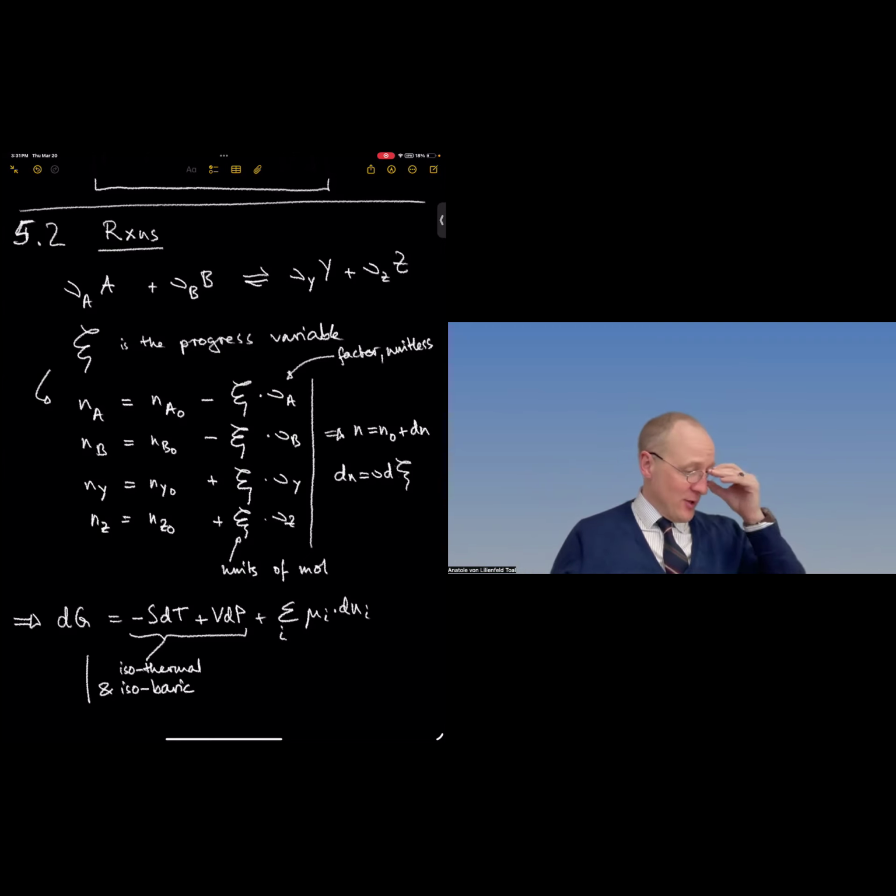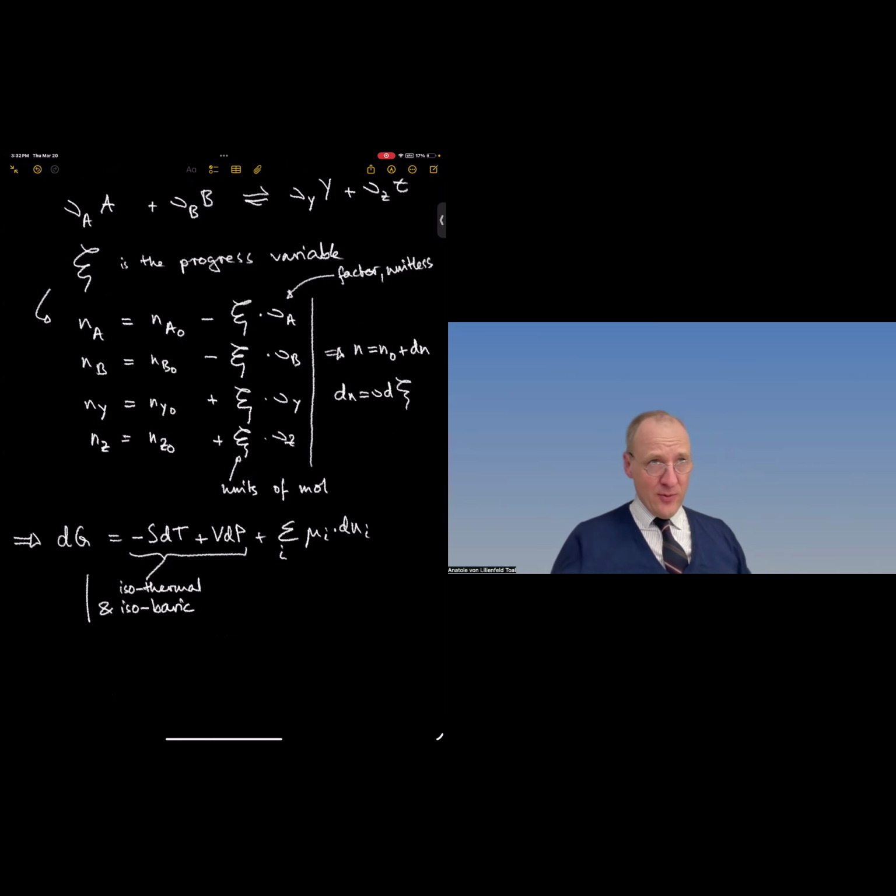If by contrast you need to fix your volume, you need to invest in a bomb calorimeter. I don't know if you've ever seen such devices. They are very heavy, very thick steel, and it's very complicated to do experiments in this thing. So way more convenient to be operating in the isobaric regime, particularly when it comes to industrial scale chemistry.